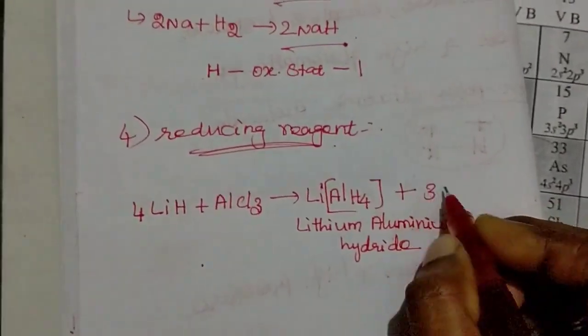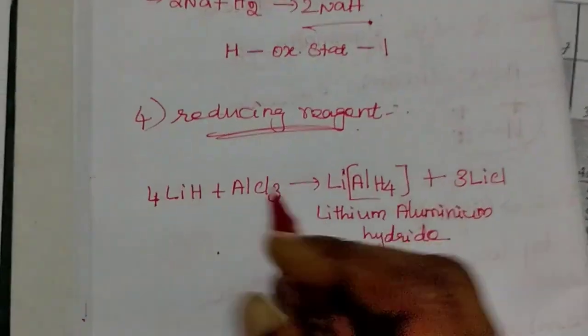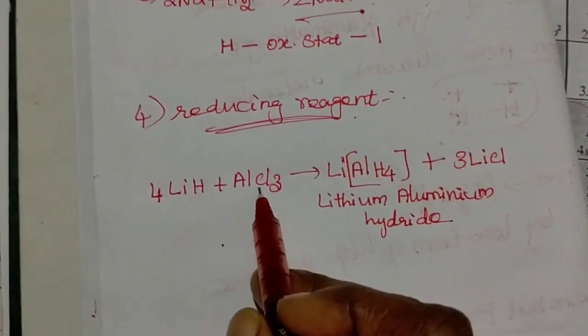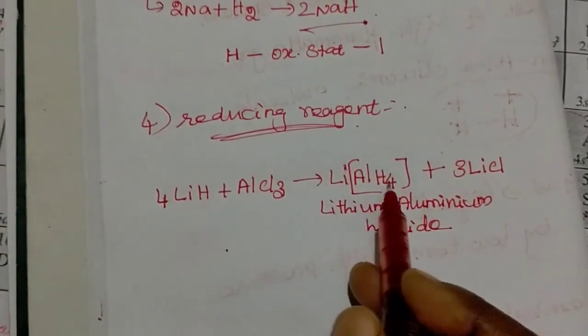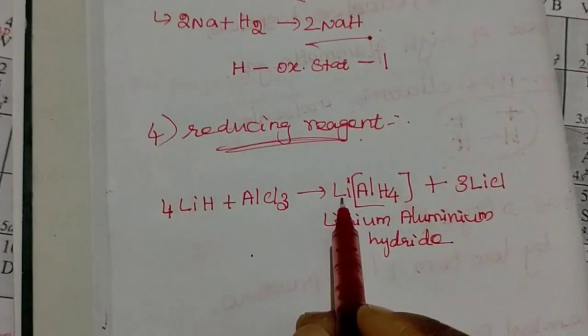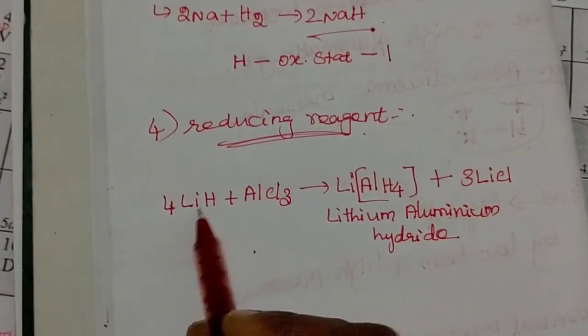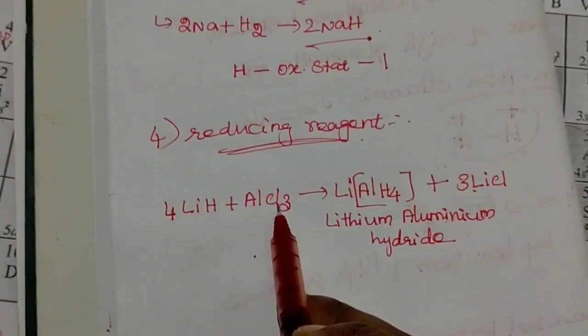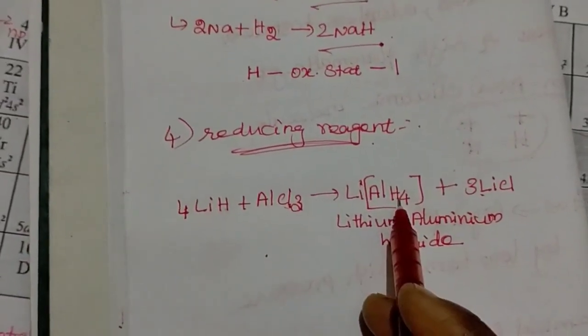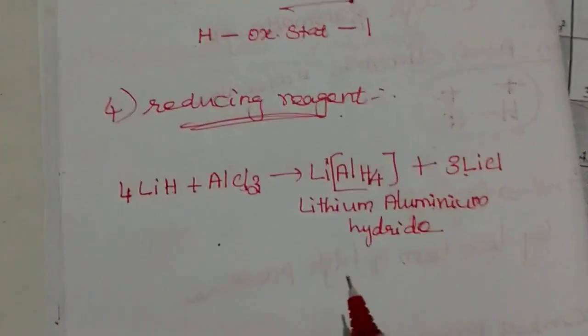The remaining 3 lithium chloride. So totally 4 LiH and AlCl3: 1 Al, totally 4 hydrogen, 1 lithium from these 4 lithium. The remaining 3 lithium, 3 chlorine. Hydrogen is fully balanced with this lithium aluminium hydride.